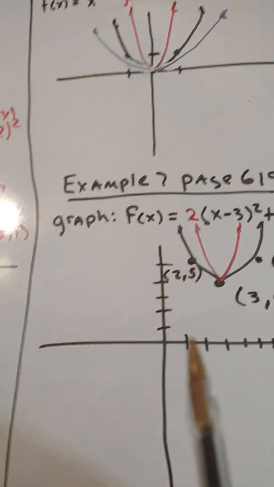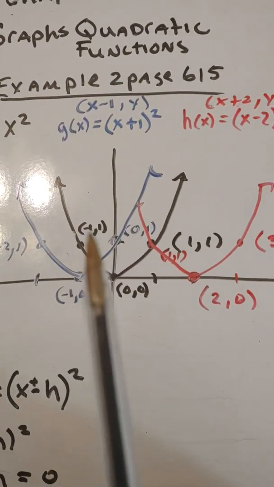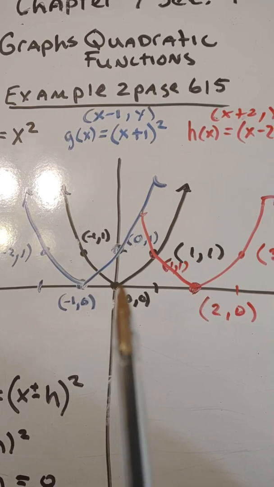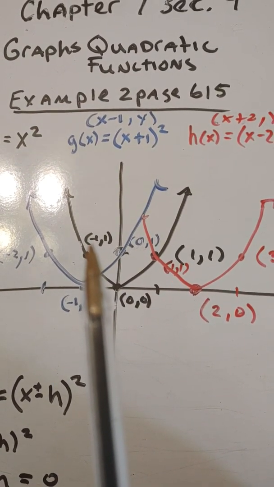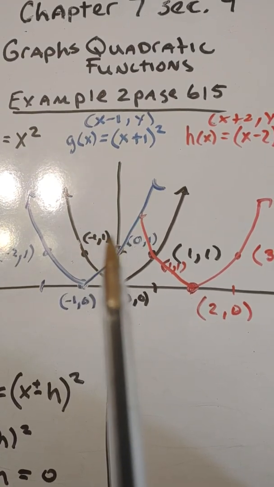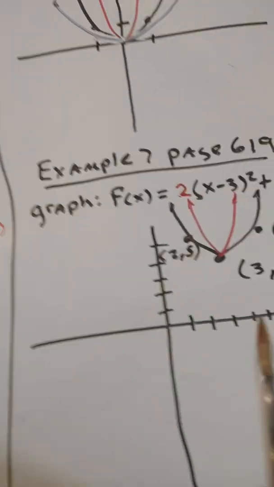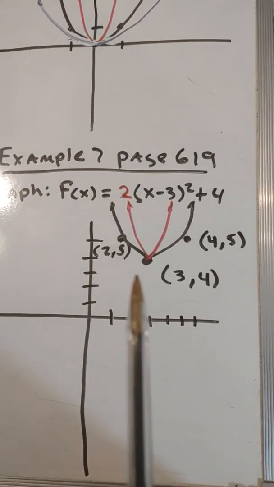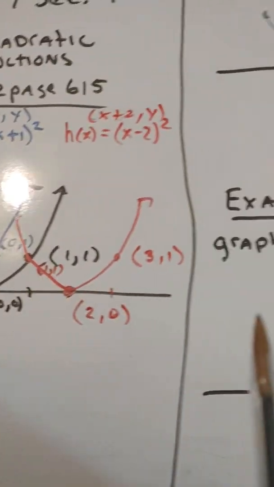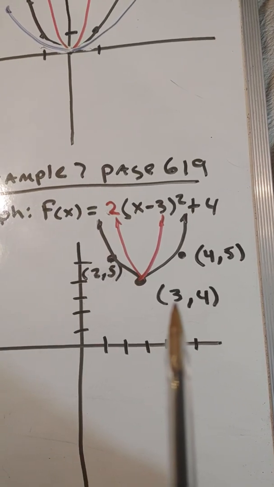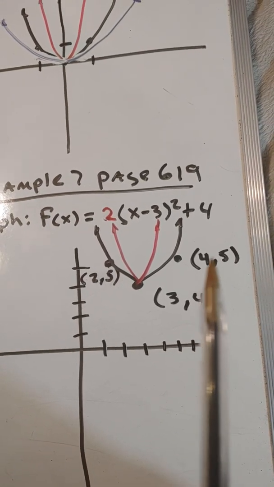So see, what I'm doing is, I'm finding my vertex first, and I know the next ordered pair should have been negative 1, 1. So I'm subtracting 1 from the x, add 1 to the y. That's how I got this 2, 5. And then on the second point, it should have been 1, 1. So I'm adding 1 to the x and adding 1 to the y.